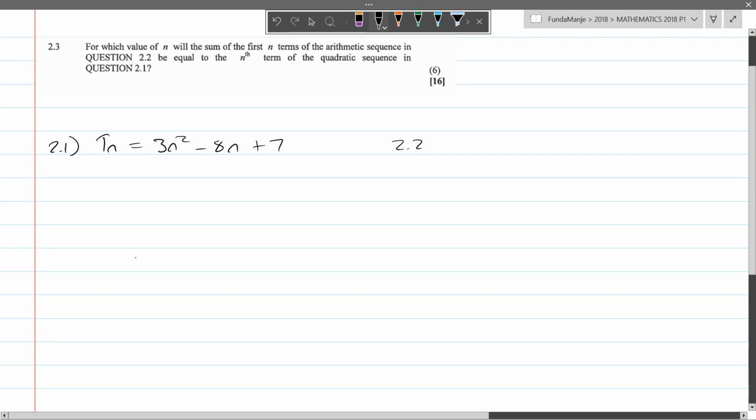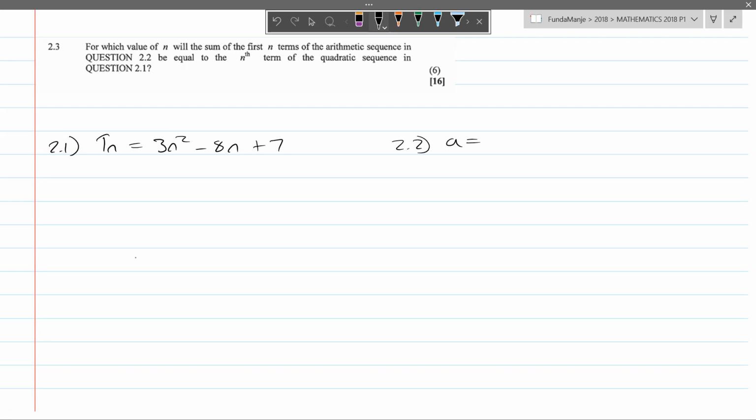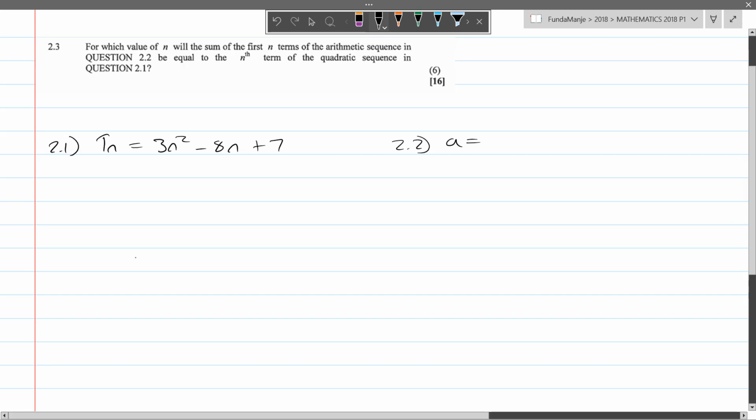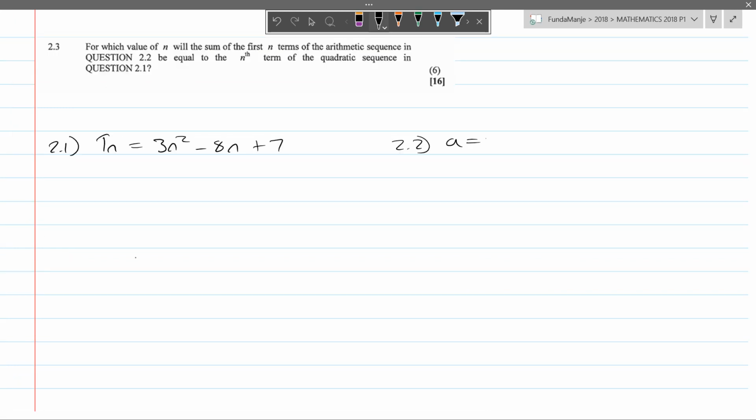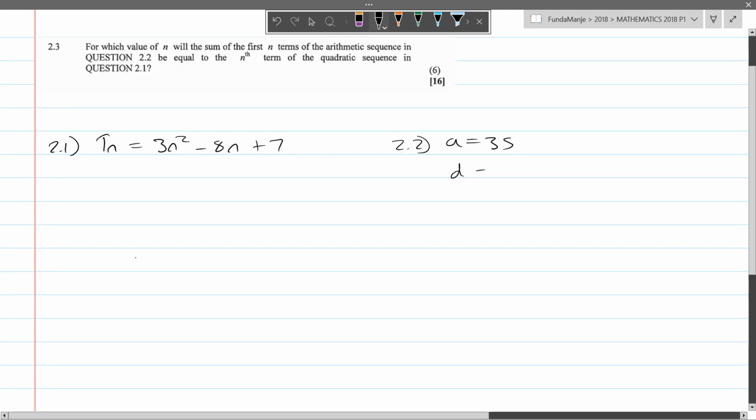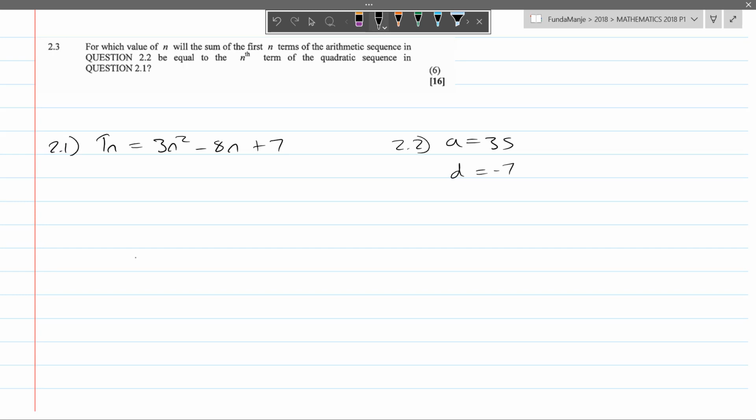Then in the previous question we didn't find the value of Tn, but we did know what the a was. So in the previous question you can see that the a was 35 and the d was minus 7. So a was 35, d was minus 7. This is all the information that we need from 2.2.